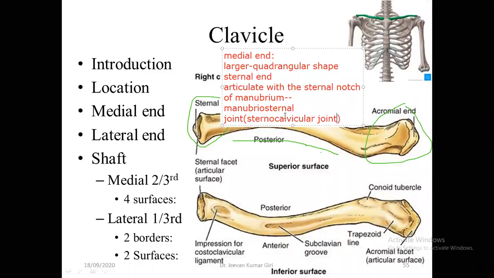Generally we call it the sternoclavicular joint, or the manubrioclavicular joint. It is not manubriosternal, because the sternum is different.